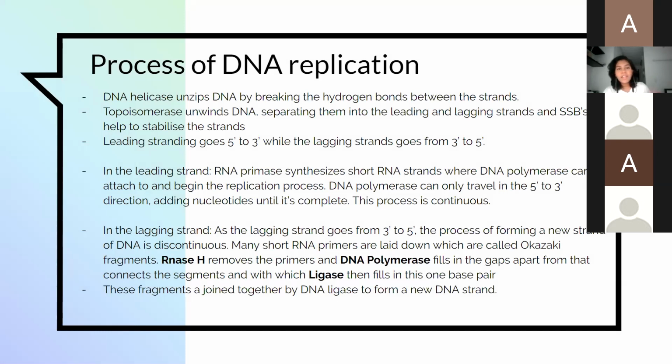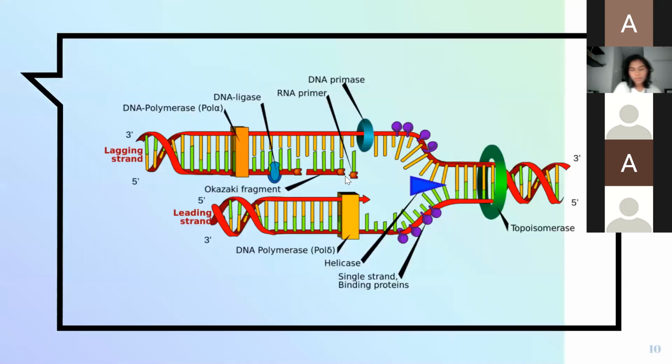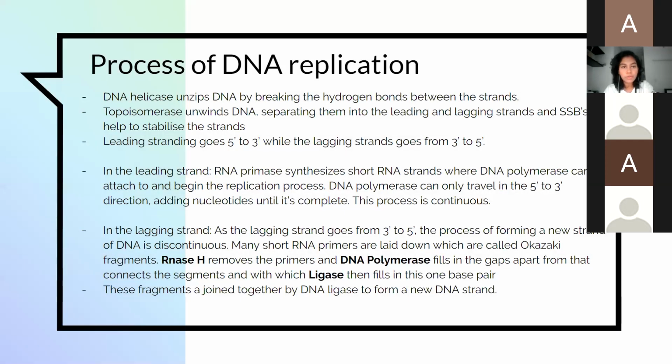I know this slide has a lot of information, but we'll go through it really slowly. I'll show you this diagram first so that we can go through it. This is essentially what happens in DNA replication. For DNA replication to begin, you need to unwind the DNA, in a sense separate the two strands.